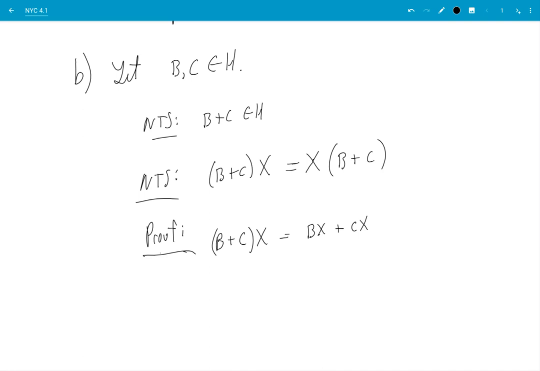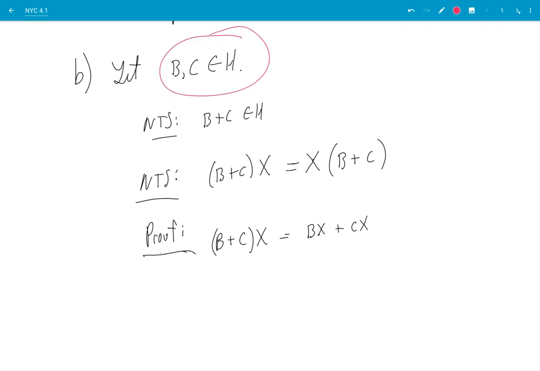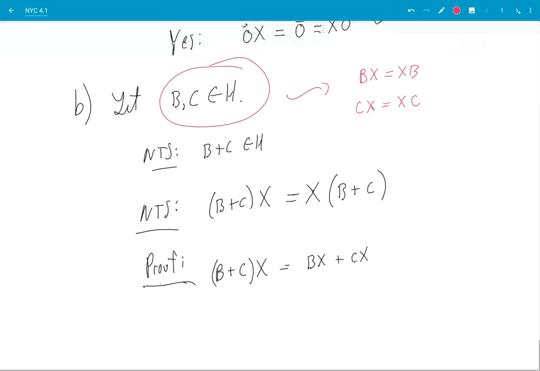Well, I'm going to have to use this. What does it tell me? It tells me that BX is equal to XB and CX is equal to XC. So let's underline that.